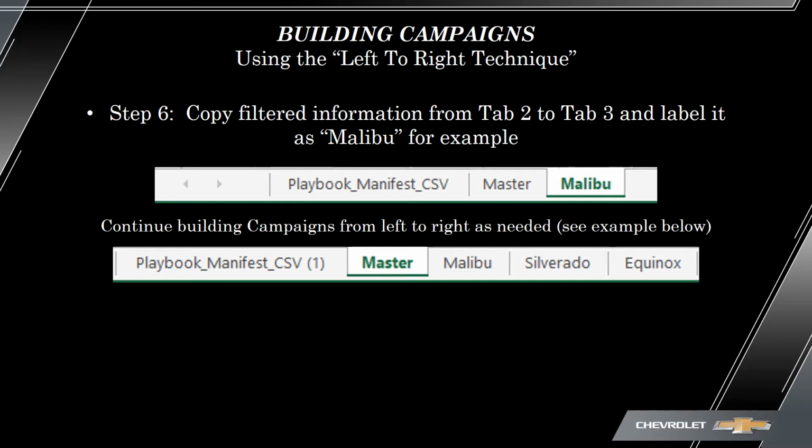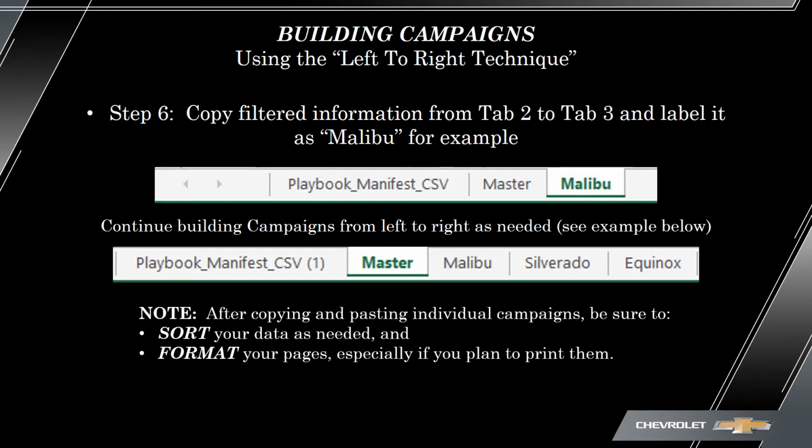Step 6, once you've filtered your information, copy it from tab 2, the master copy, to tab 3, and label it as Malibu, for example. I just use Malibu. It could be whatever you're working on at that given time. Please note, after copying and pasting individual campaigns, be sure to sort your data as needed and format your pages, especially if you plan to print them.